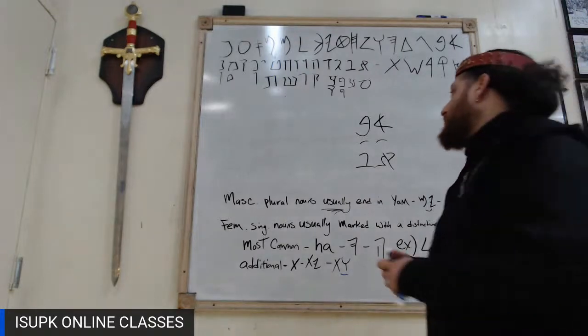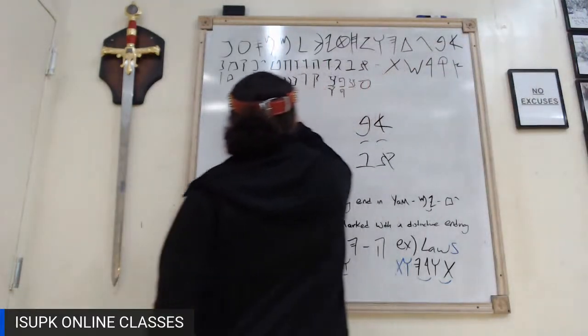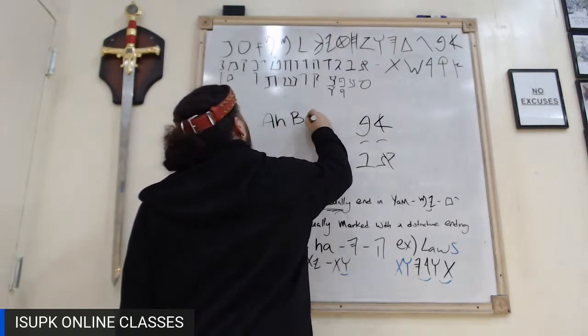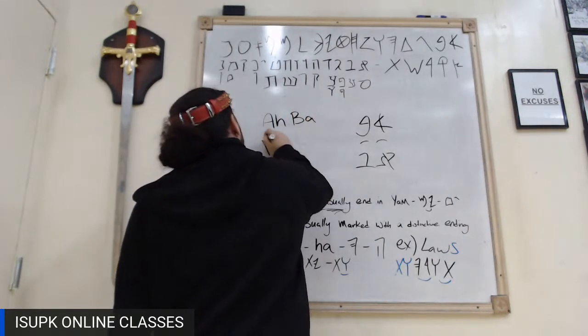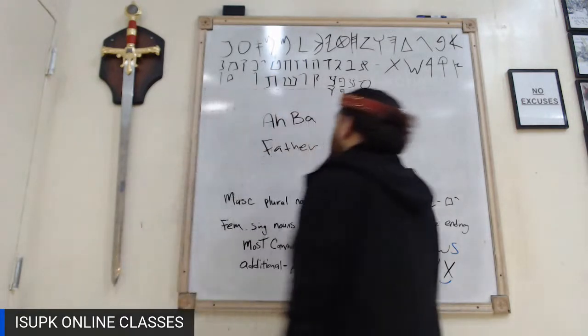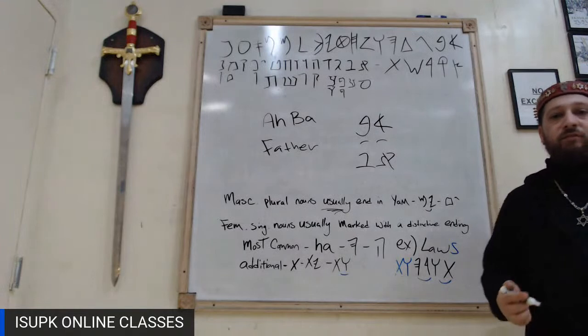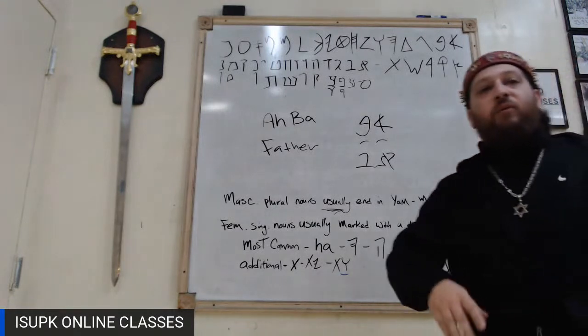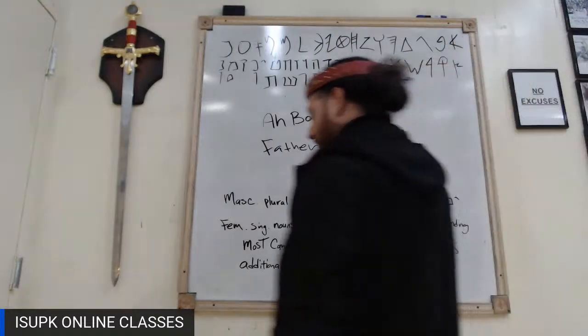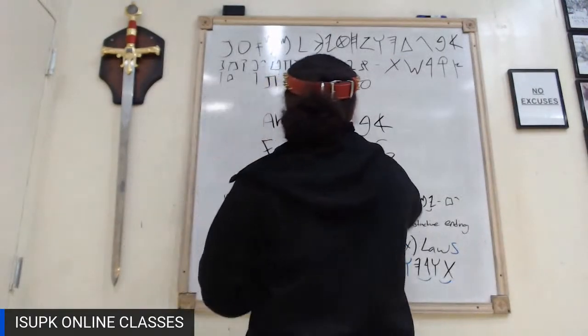Abba. Right. Abba. Father. Now, fun fact, we went over this a little bit last week. Lord willing, we'll be able to get into more of these, but this is one thing that I love about Hebrew.